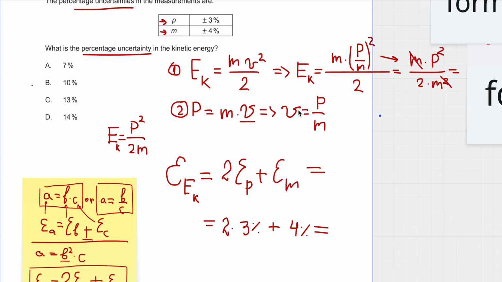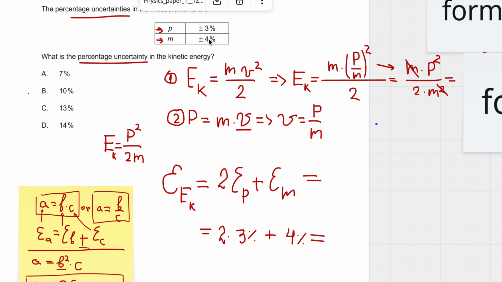So we have these numbers here, 3% and 4%. We put them in the formula, and it will be 6 plus 4, which is 10%. The answer is B. The correct answer is B.